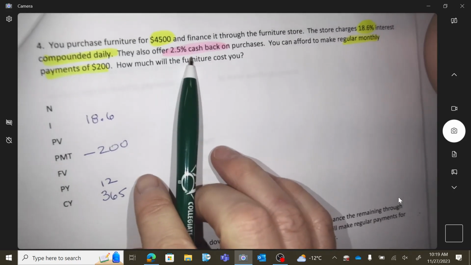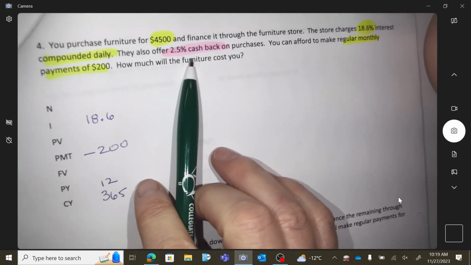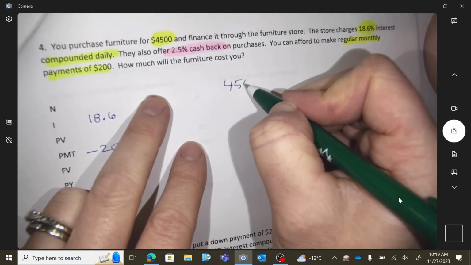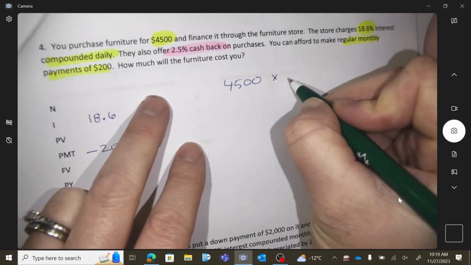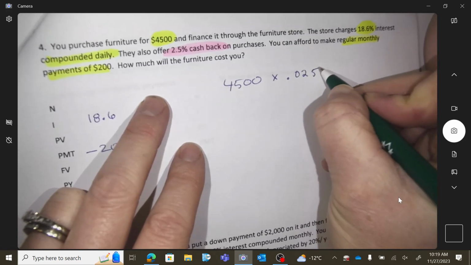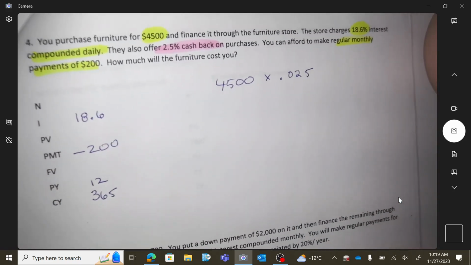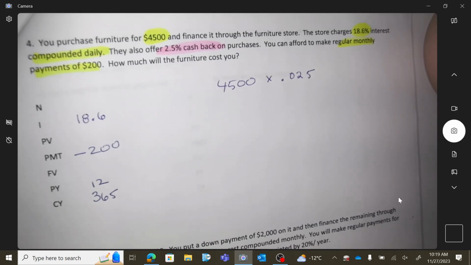Okay, so what does a cash back mean? It's kind of like a sale price, right? So 4,500 times that percent.